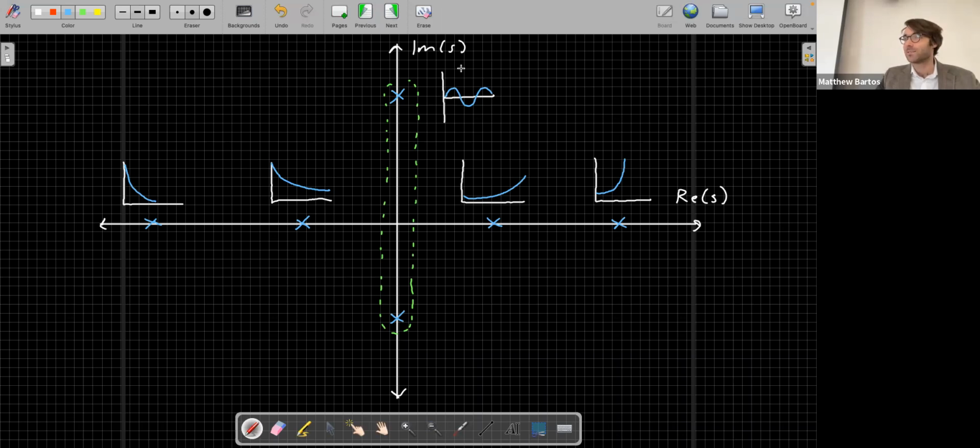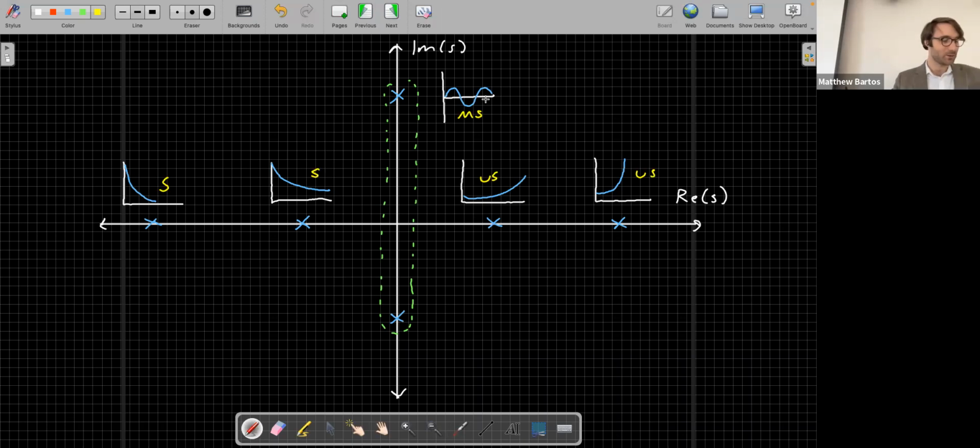It turns out that for this pole here, we can find an input that will cause the response to become unbounded. So this is what's called marginally stable. So let me just write out what each of these are. So this is stable, stable, unstable, unstable. This is marginally stable.